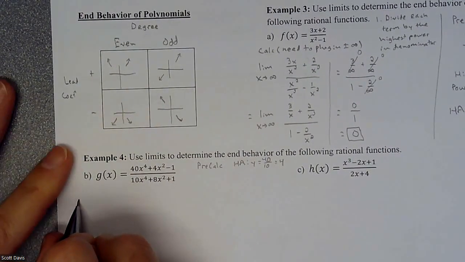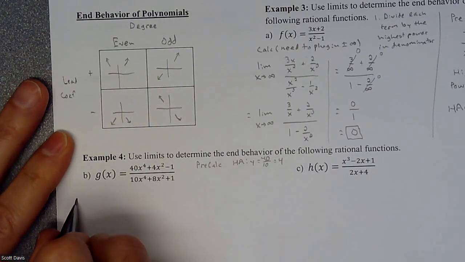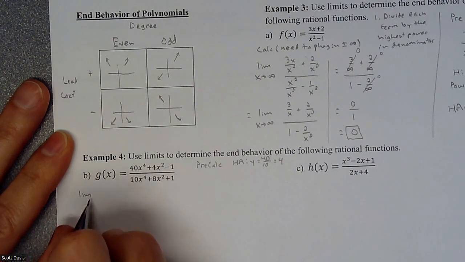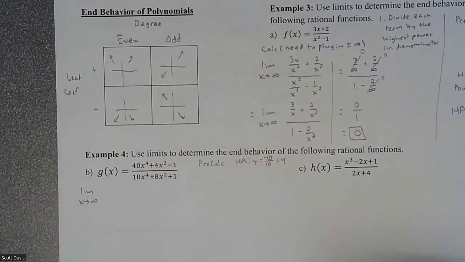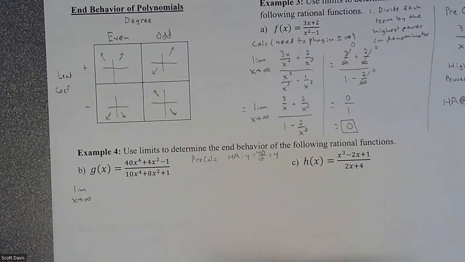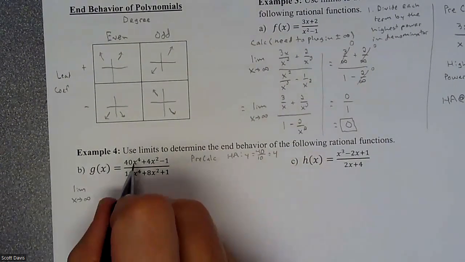And the calc is, we are going to divide every single piece by x to the fourth. So we're going to have the limit as x approaches infinity. And the same thing we would be doing if we did the negative, same process, but we're just going to focus on the positive.